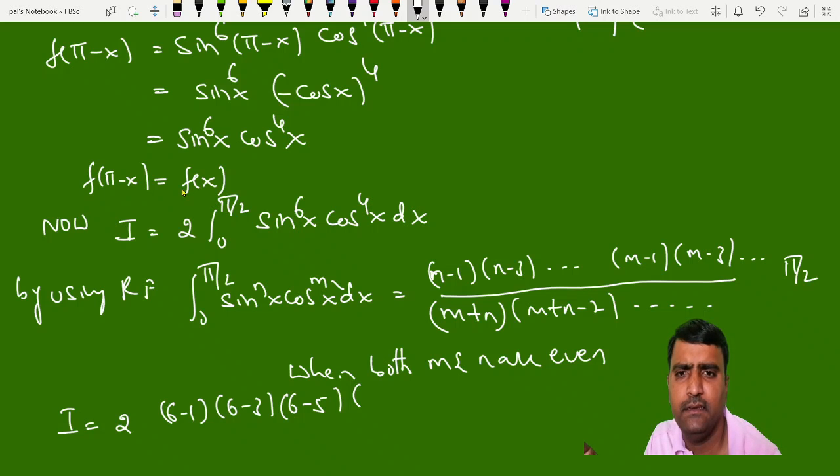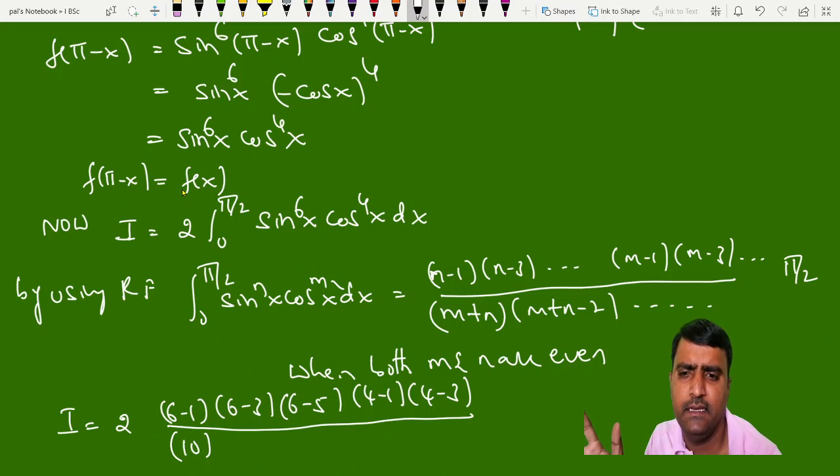Again 4 is there: 4 minus 1, 4 minus 3, 4 minus 5 is negative, stop here. Divided by the sum of 6 and 4, which is 10: 10 into (10 minus 2) into (10 minus 4) into (10 minus 6) into (10 minus 8); 10 minus 10 is 0, which should not come. So stop here. This into pi by 2.